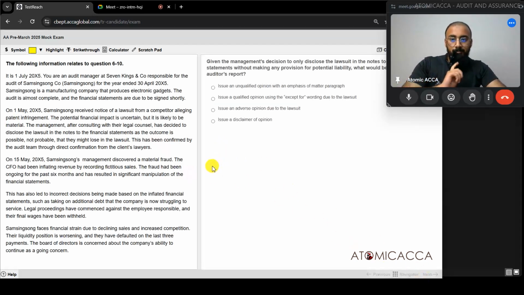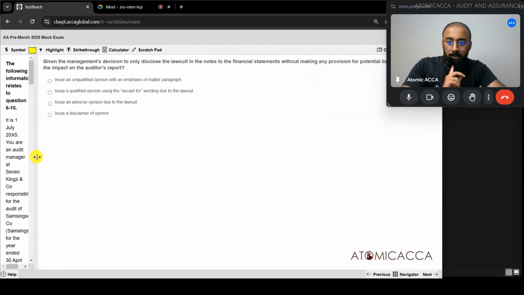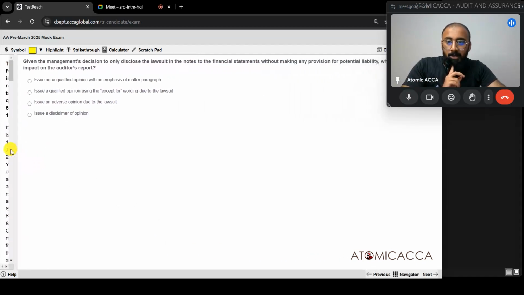Next, given the management's decision to only disclose the lawsuit in the notes to financial statements without making any provision for potential liability, what will be the impact on the auditor's report? We already discussed this point while reading. The client went to the legal counsel and confirmed that it is only possible.